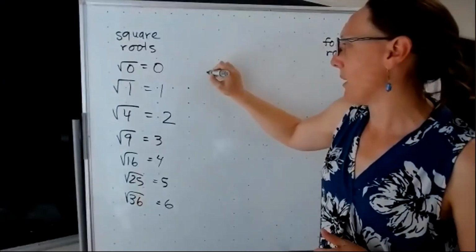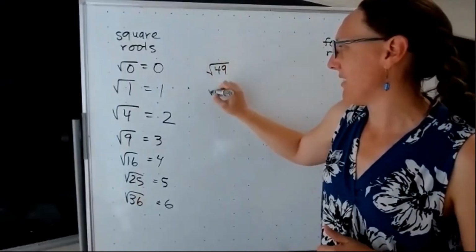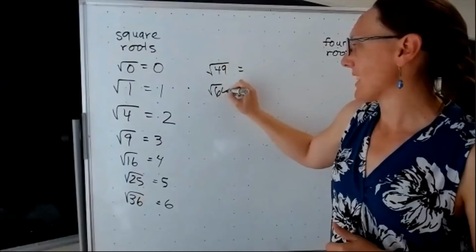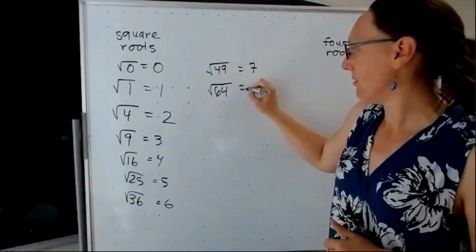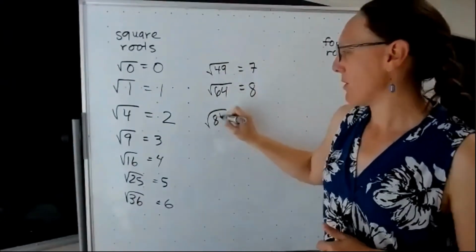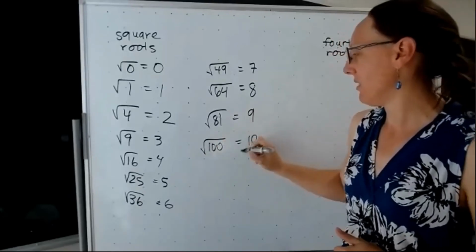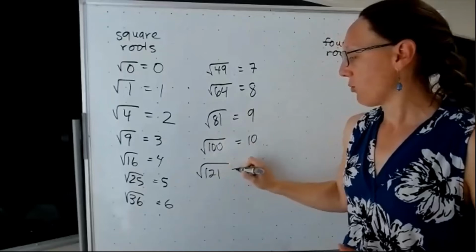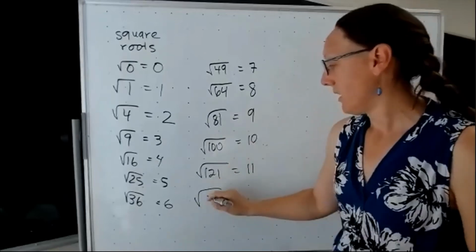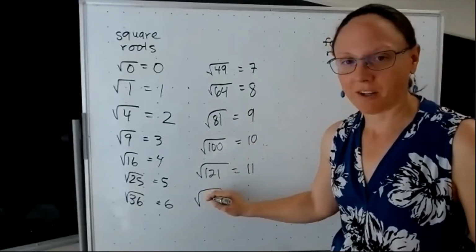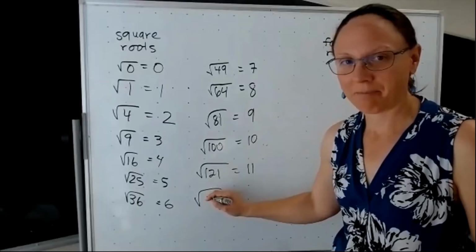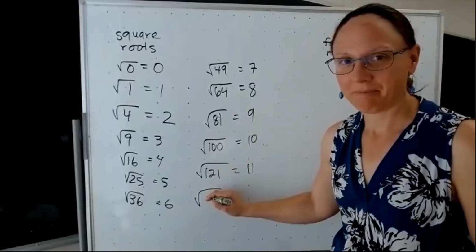We should also be able to do square root of 49, square root of 64, square root of 81, square root of 100, square root of 121, square root of, anybody know what 12 squared is? 144.